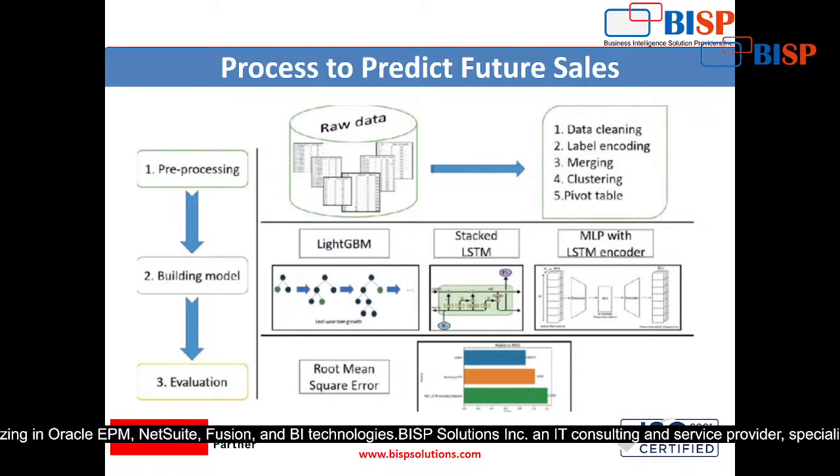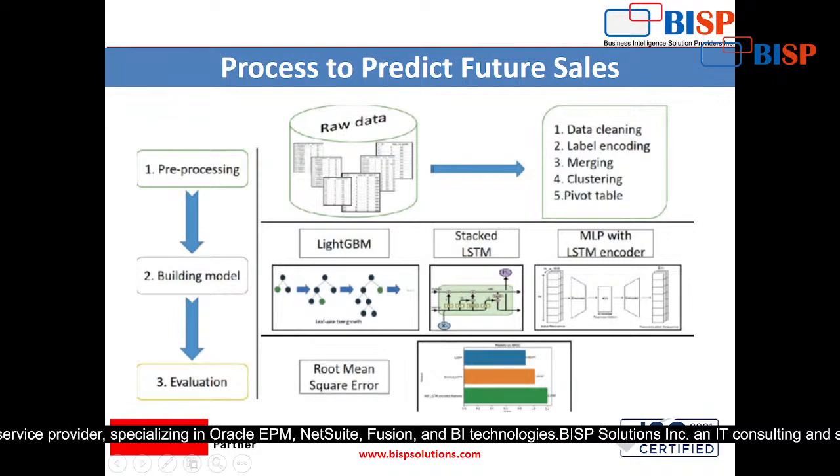Now see here, process to predict future sales. First of all, you get the raw data, then data cleaning, label encoding, merging, clustering and pivot table, right? These are the techniques with the help of which we predict future sales. Pivot table: those who are expert in Excel sheets use pivot table techniques.